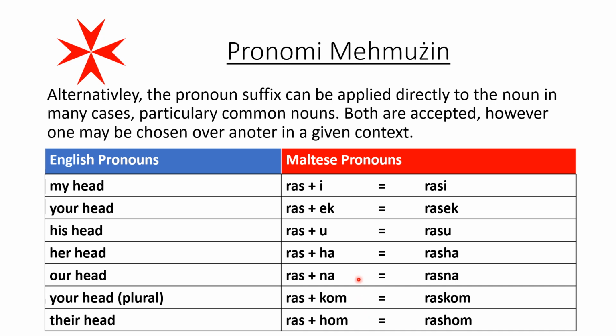You may opt to say, for example, ras tiegħek if you're applying emphasis to say that it's your head. But otherwise they're interchangeable. There may be some groups of nouns that aren't common where you wouldn't use it, or other ones where it makes more sense to say tiegħek. But for all intents and purposes, especially for common nouns, you can use these suffixes.